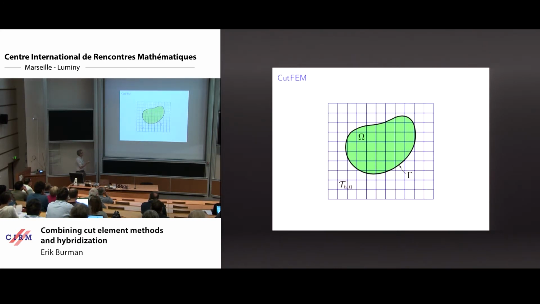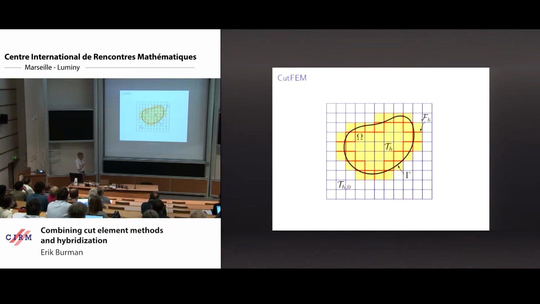So now we can have the simplest possible mesh, and then we select the elements that intersect the physical domain, and then we select those that intersect the physical boundary. And you see here I marked the faces associated to these boundary elements in red, because they will play a role. But essentially, it is these elements that are important.